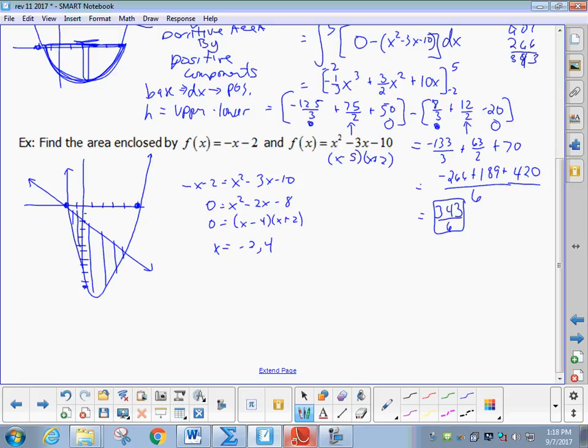Did you get intersections of -2 and 4? If so, it sounds like we're in agreement. Continue on. Oh, good point. I should have named them, you're right. Sorry. Should have named them differently.